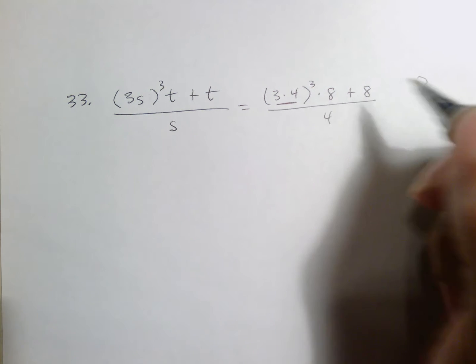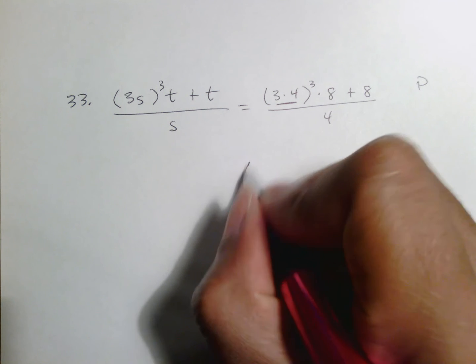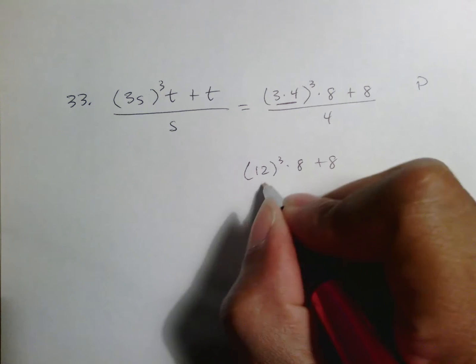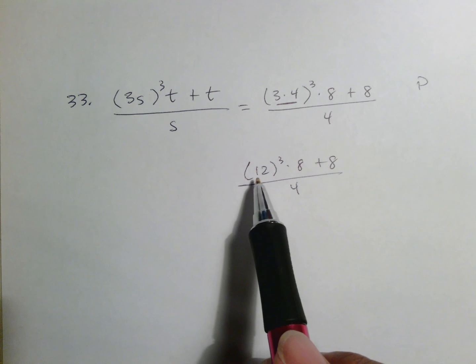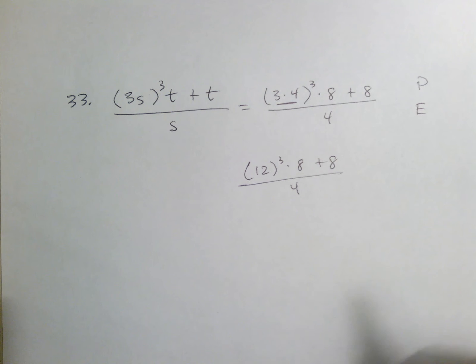Right now, the part inside parentheses is 3 times 4. So we turn that into 12 to the third times 8 plus 8 all over 4. This is not a parentheses anymore because we have only one number in there, so the parentheses is done. We move on to the E portion, which is exponents.